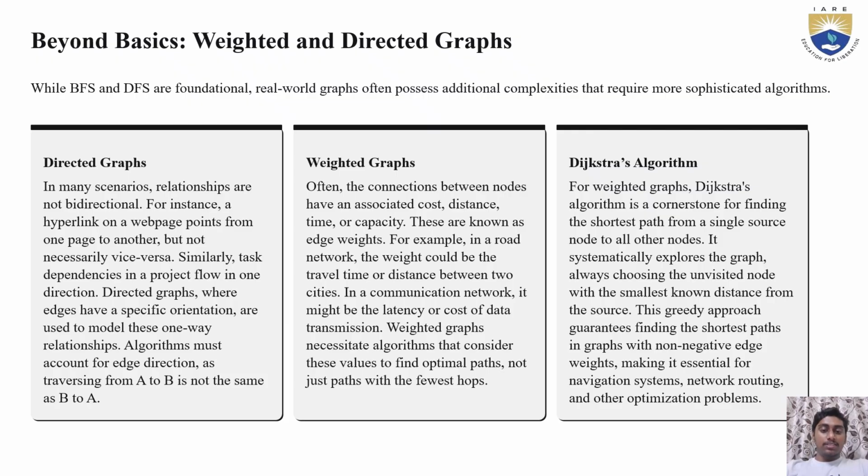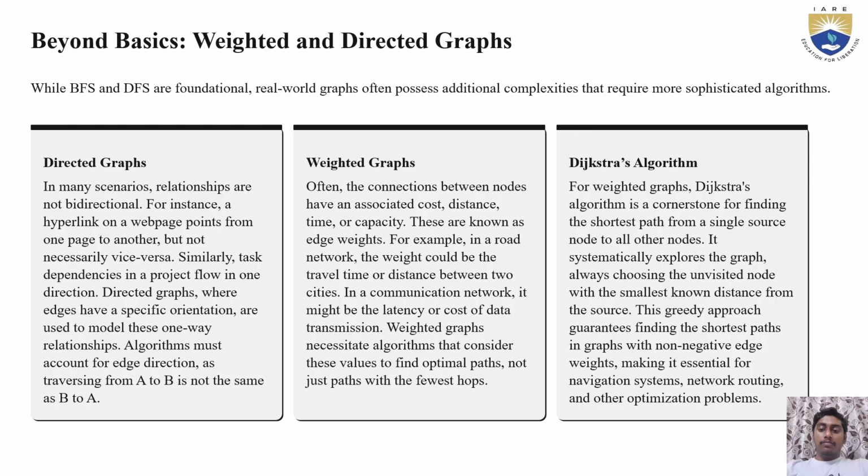These are known as edge weights. For example, in a road network, the weight could be the travel time or distance between two cities. In a communication network, it might be the latency or cost of data transmission. Weighted graphs necessitate algorithms that consider these values to find optimal paths, not just paths with the fewest hops.